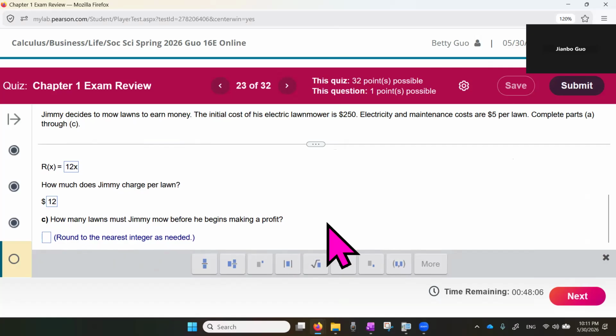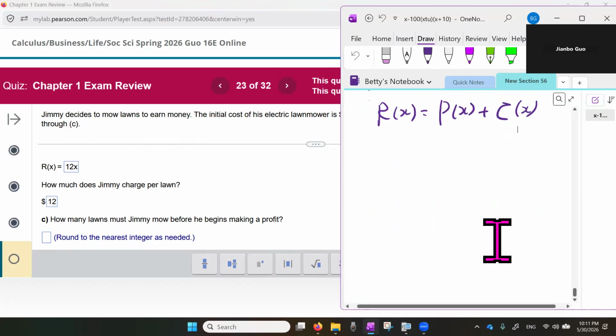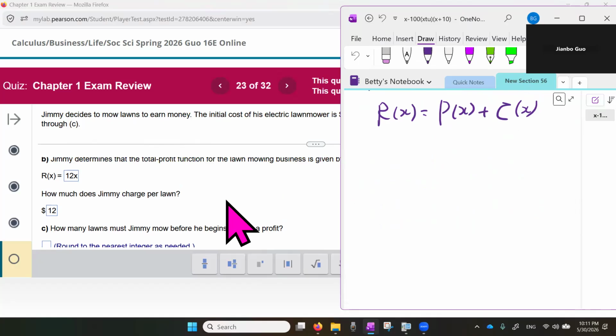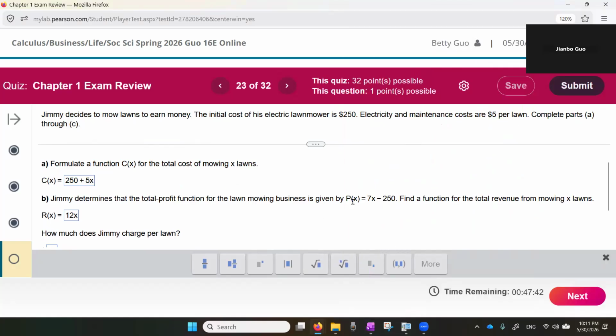How many lawns must Jimmy mow before he begins to make a profit? There's a break even. To find the break even, you make profit equal to cost. You're going to equate this function with this function. Make C and P equal to each other.